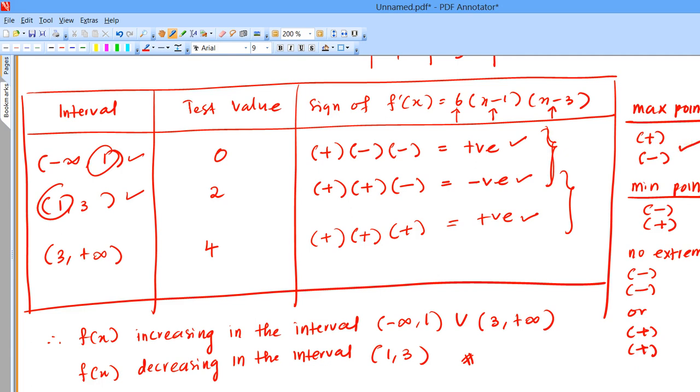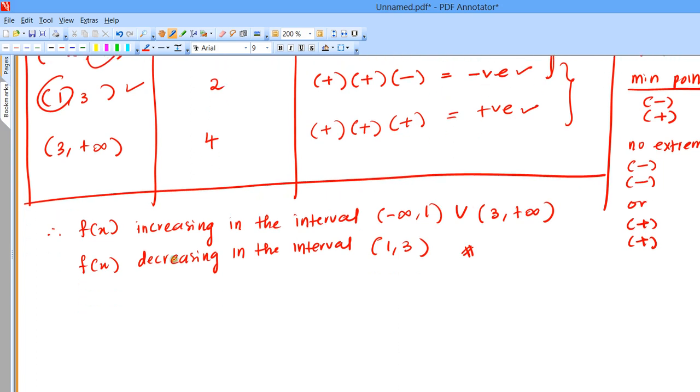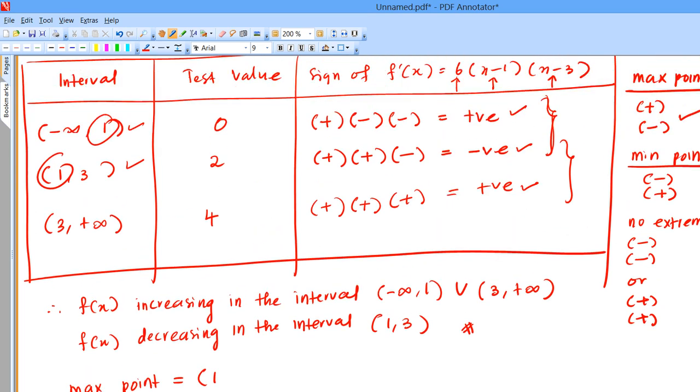So the maximum point is x equal to 1. Why do we choose x equal to 1? Because based on these two intervals, x equal to 1 appears on both intervals.